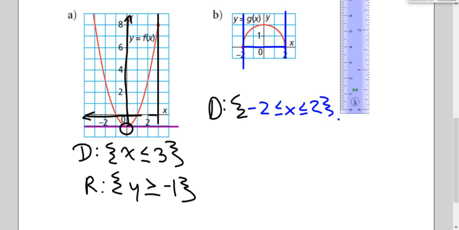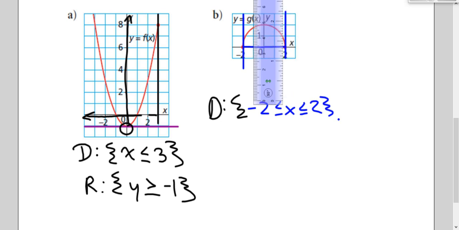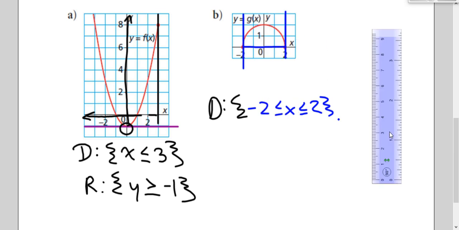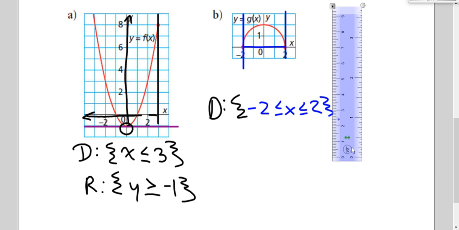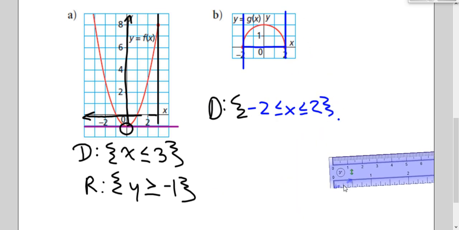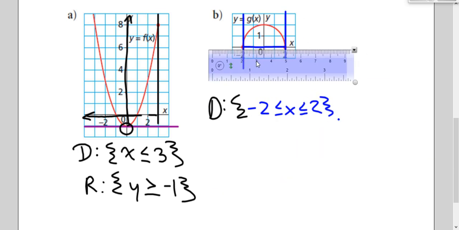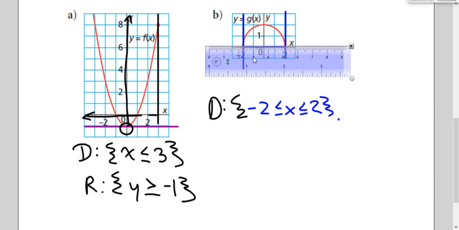If I look at my range, it's not clicking with me. There we go. Flip. And bring it back. So then this is our smallest value of y.